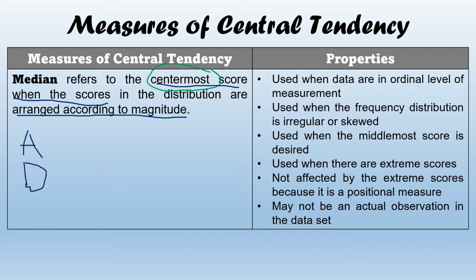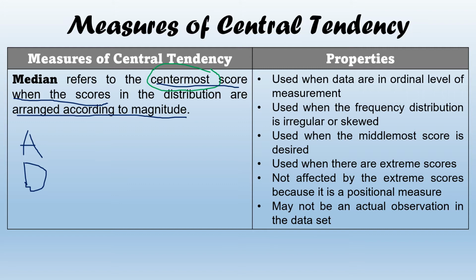Okay? Basta dapat naka-arrange siya. Okay. So hindi pwede na the same yung sa mean kasi hindi kailangang i-arrange yung numbers. So kahit pwede kang meron kang data na 9, 10, 12, 1, 7, so hindi kailangang i-arrange. But for the case of median, we really have to arrange them because we are to get the centermost score. Okay? Later on, ma-appreciate natin ito kasi meron tayong gagawin sa median.